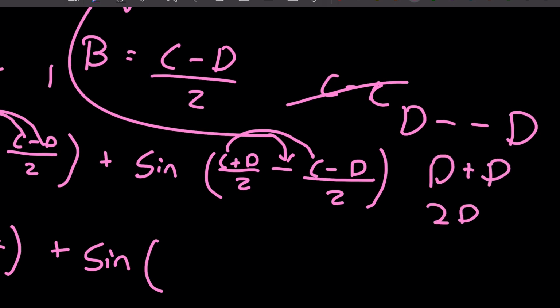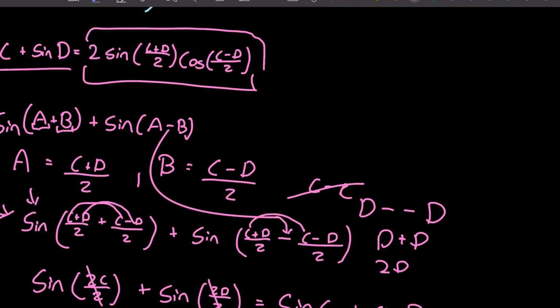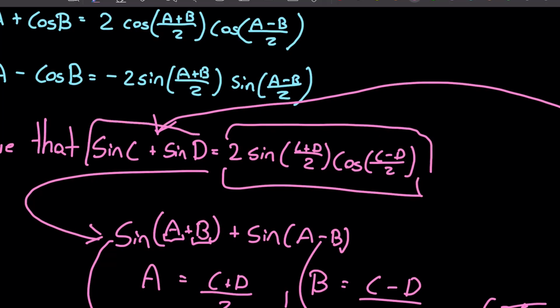So sine of 2D over 2. If you cancel out the 2's, we're going to have sine of C plus sine of D, which is equal to the left-hand side, which is what we're trying to prove this whole time. So we were able to prove that.